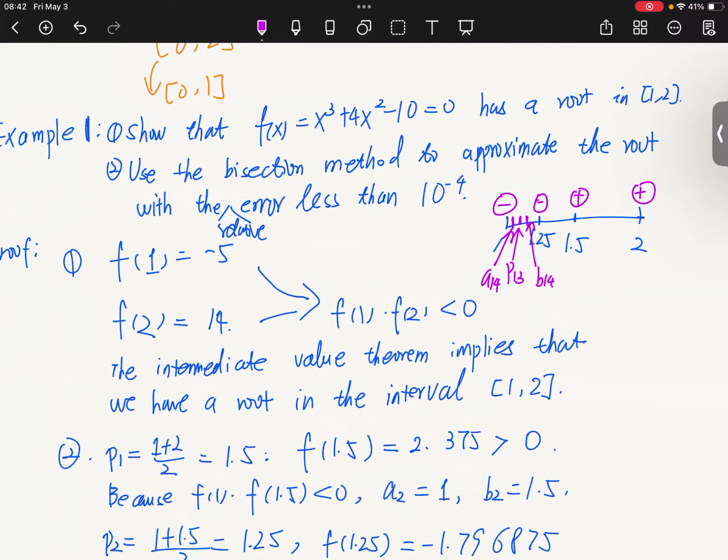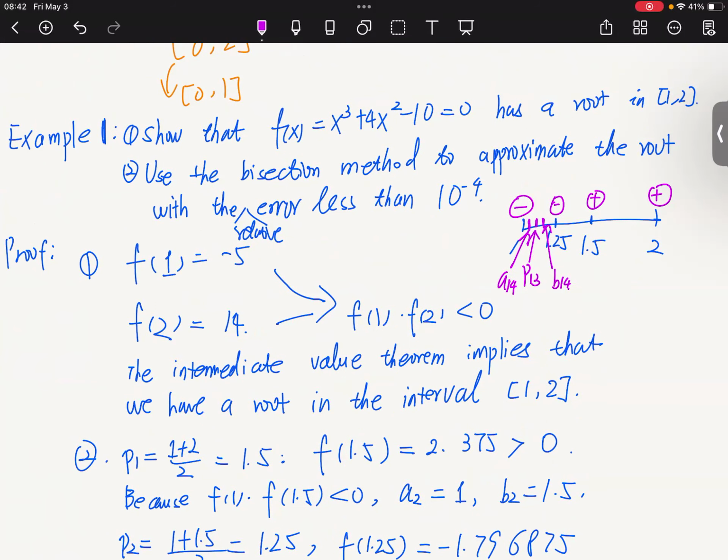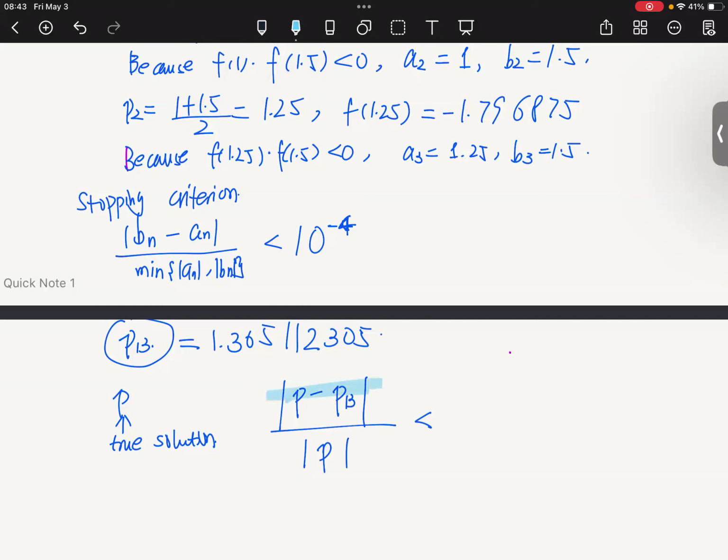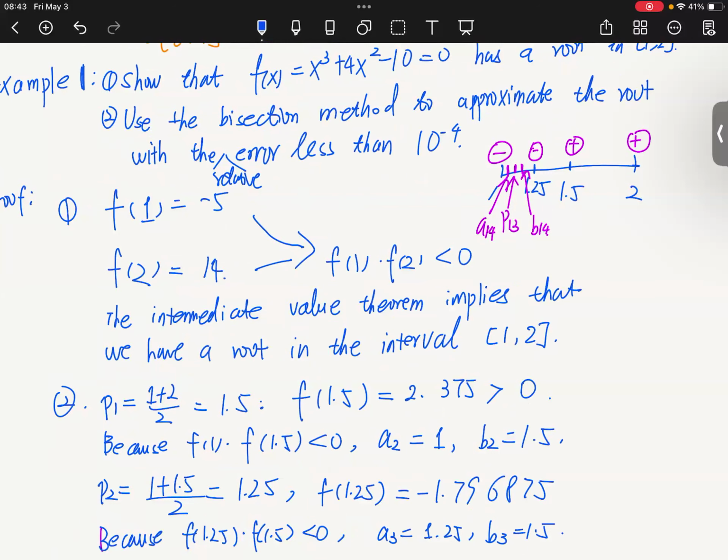And if you take a look here, the true solution could be located between A14 and B14, and that P is also in this interval, which means that the difference between P and P13 is less than the length of the interval A14 to B14. So the difference between the true solution and the approximation solution is bounded by the interval between A14 and B14 here.